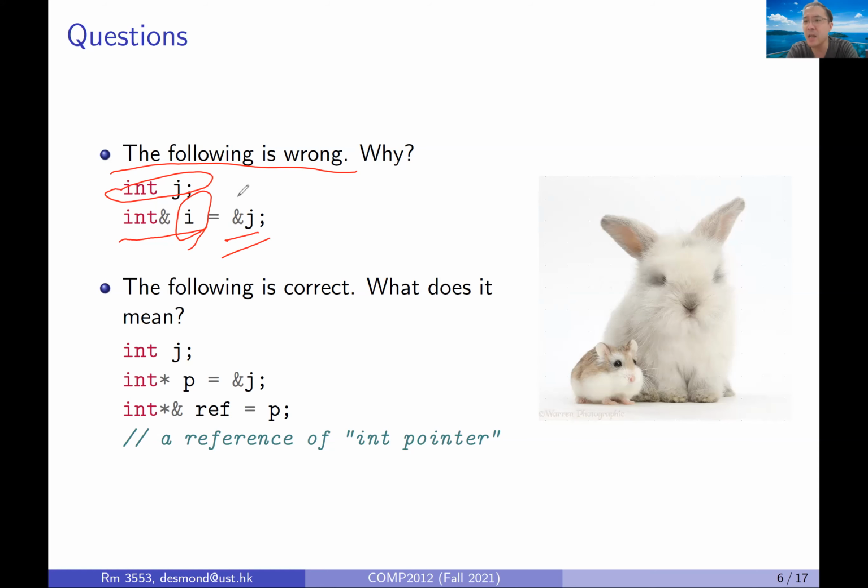Can you bind a nickname to an address? No, no, no. So this is wrong, absolutely wrong. But this is okay. Wow, what is this? Desmond, I love it. Wow, int star and ref, int star and ref.